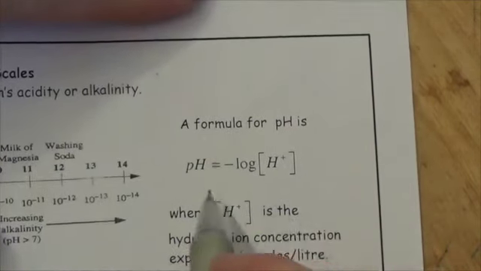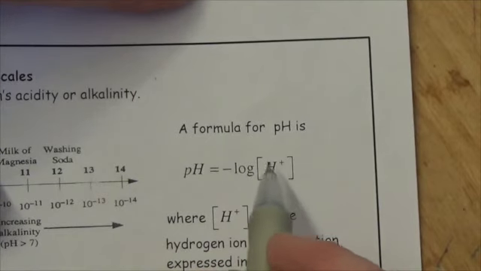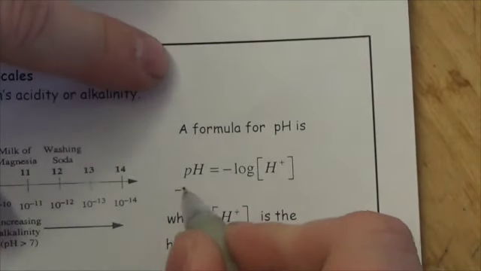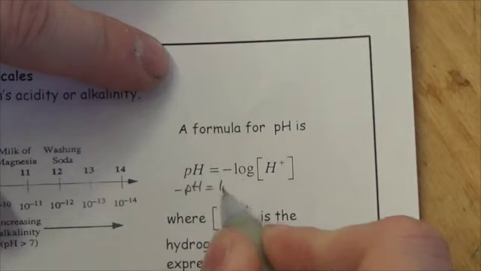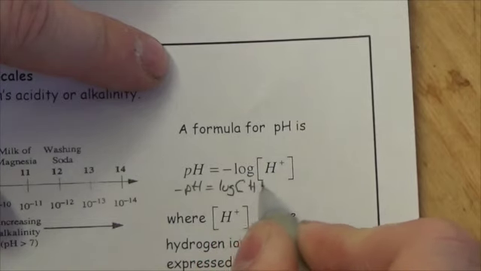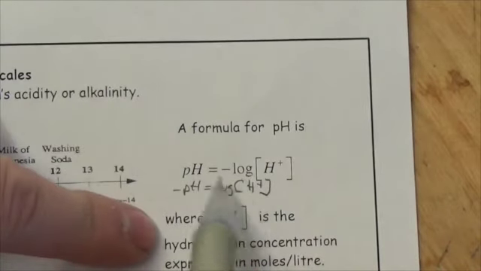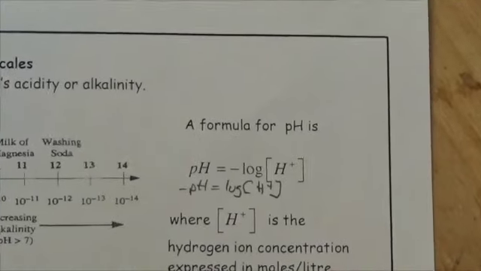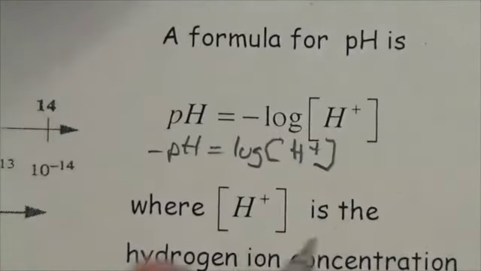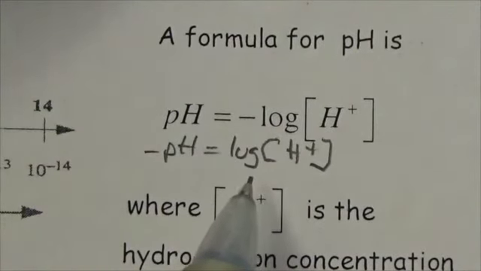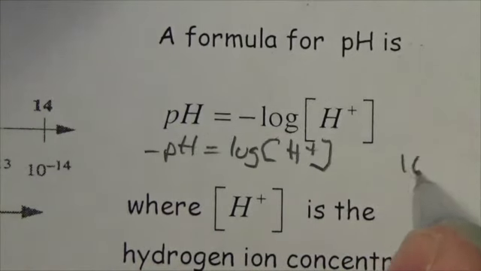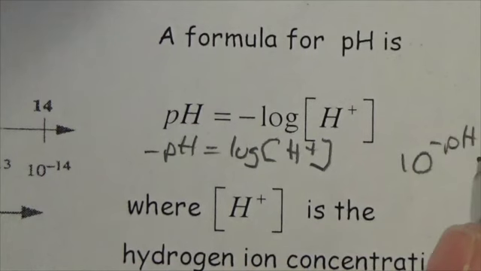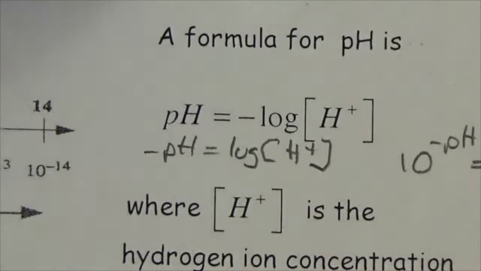We're going to solve for H. I would move the negative over, making the negative pH equal to the log of the hydrogen ion concentration. And now I'm going to convert that log expression to an exponential. Now it's common log, so the base is 10, which means 10 to the negative pH of that solution is going to equal the hydrogen ion concentration.